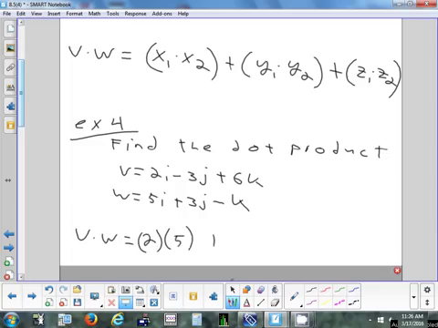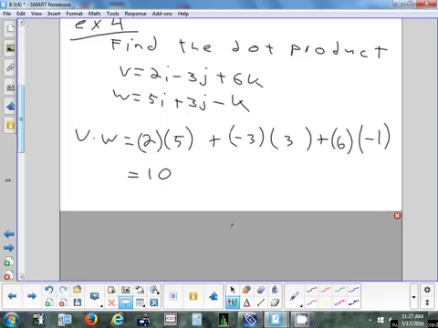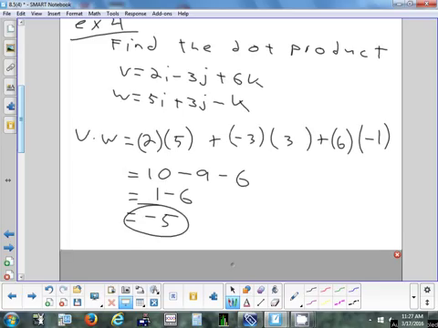Leon, the next two? -3 and 3. And Matt, the last two? 6 and -1. Okay, let me do that out. So we're going to get 10 minus 9 minus 6. 10 minus 9 gives me 1, and 1 minus 6 is negative 5.